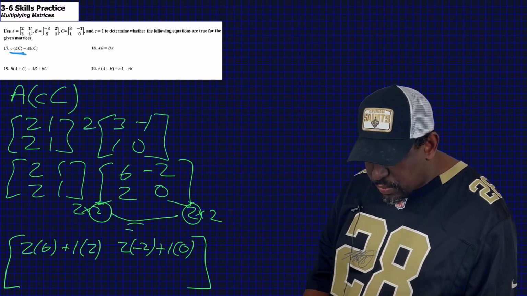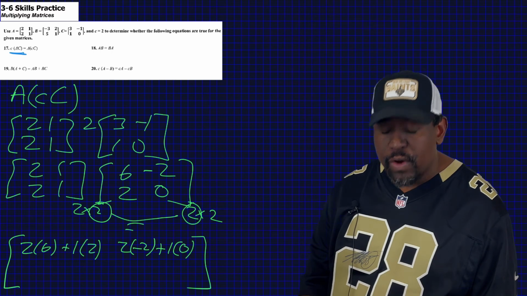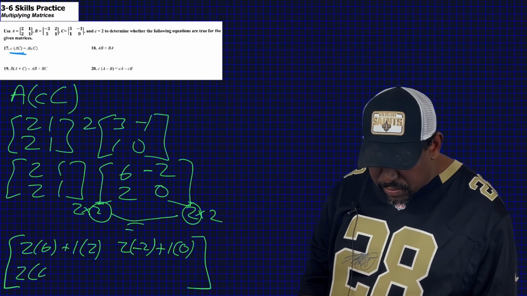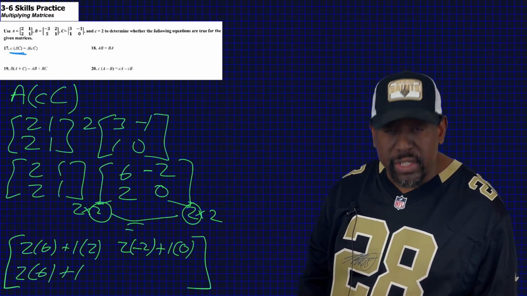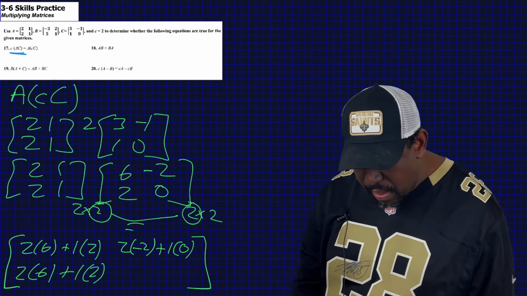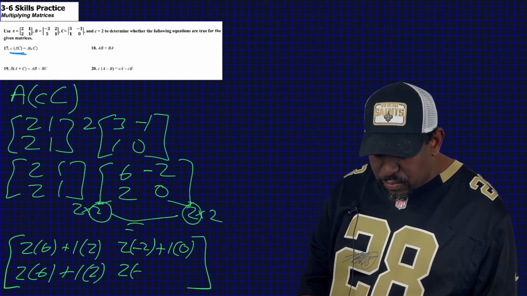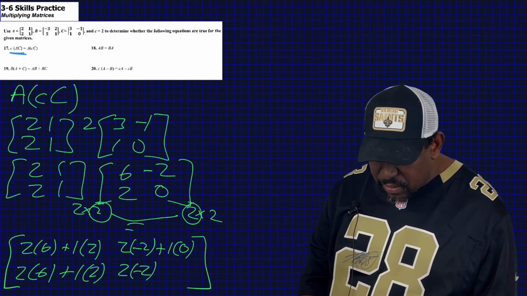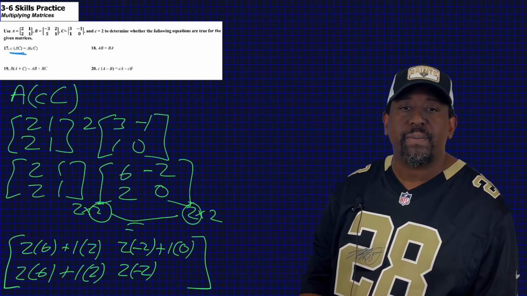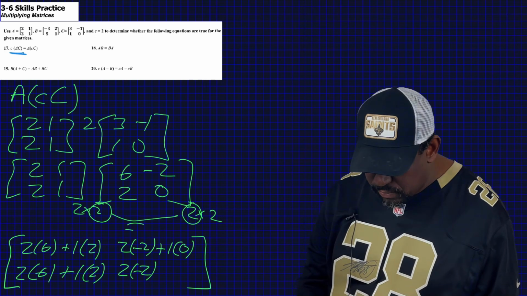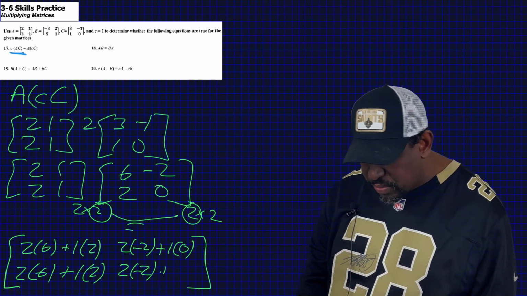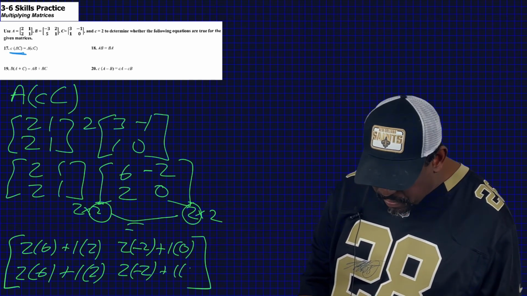Next we will calculate the second row, first column, which is 2 times 6 plus 1 times 2. And then the second row, second column, which is 2 times -2 plus 1 times 0.